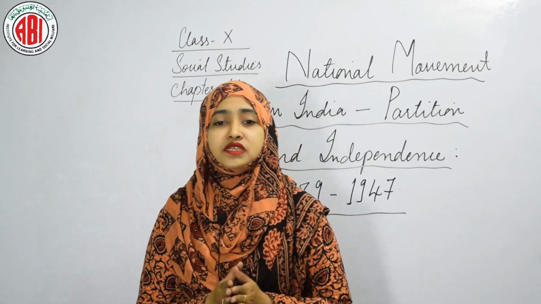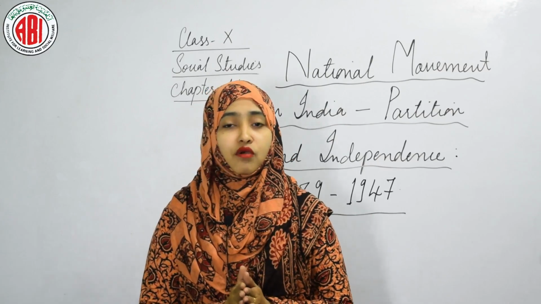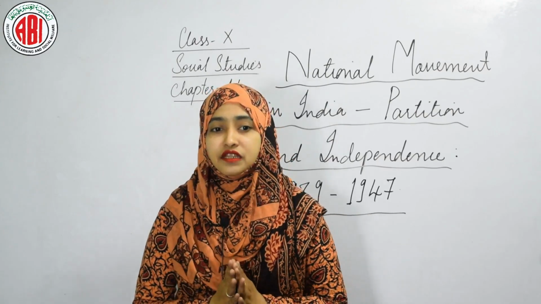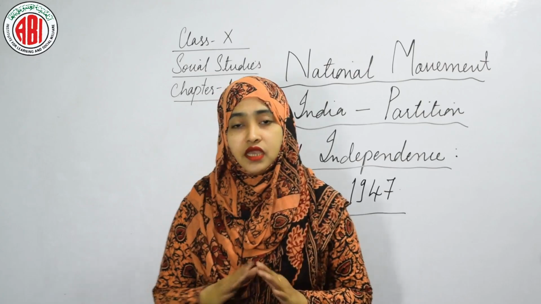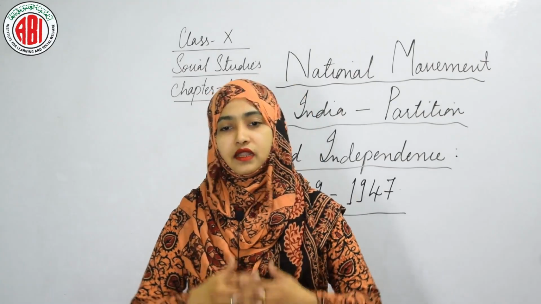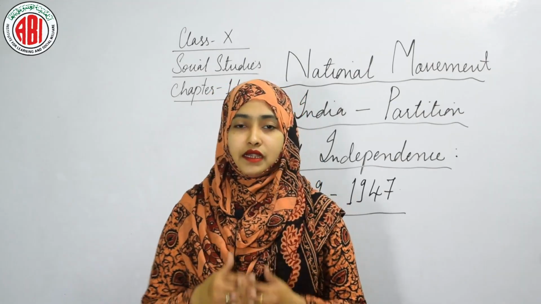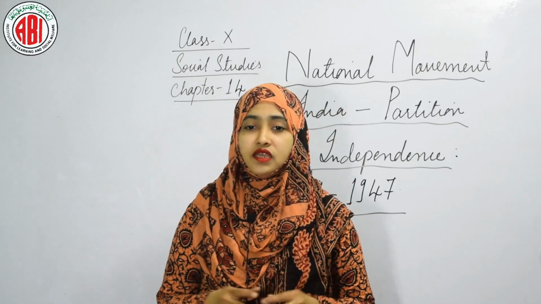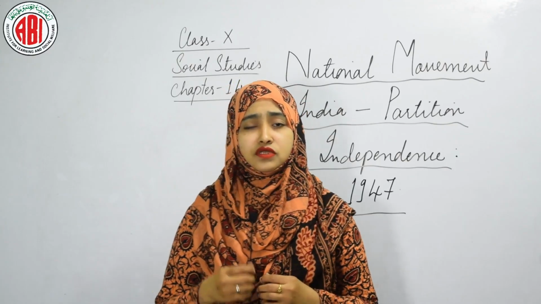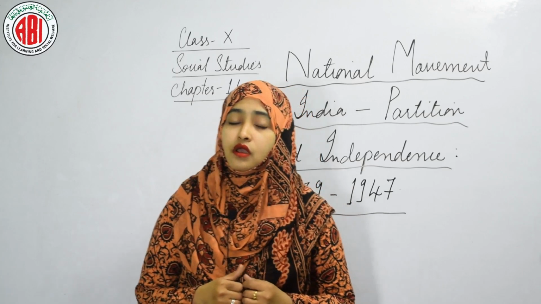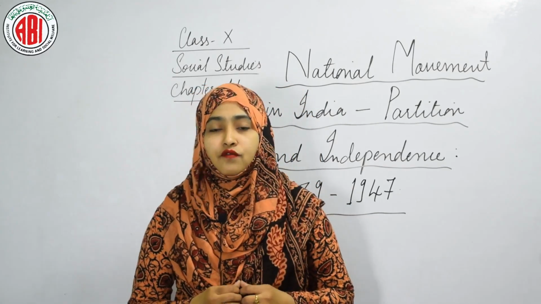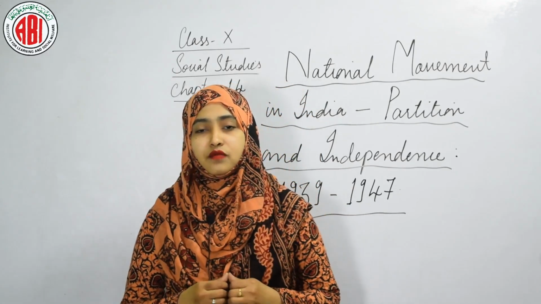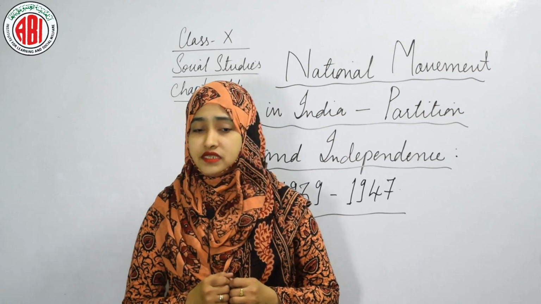The British Parliament passed the Government of India Act in 1935. According to this, elections should be held and the winning parties could form the government. The right to vote was given only to small sections of the population, about 12% for the provincial assemblies and about 1% for the central assemblies.